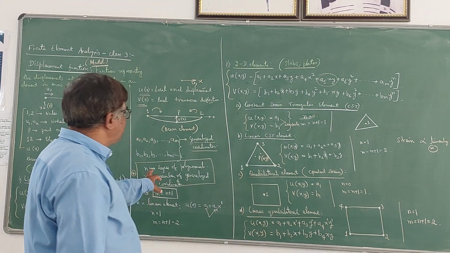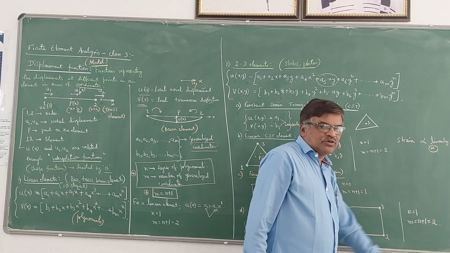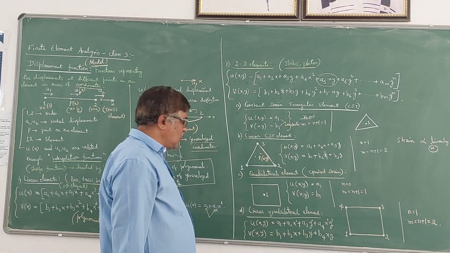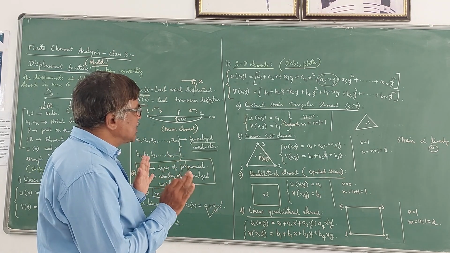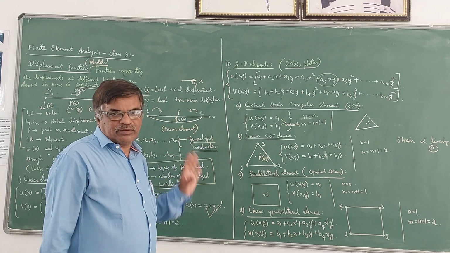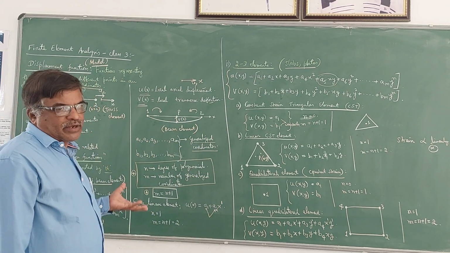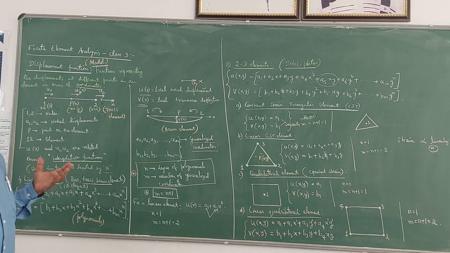That is called the degree of polynomial. That is 1 here, and m value is n plus 1 as usual. It is 2 here. So this is how we can write the displacement models for different types of elements, maybe one dimensional or two dimensional. That means this is the basis for obtaining shape functions.